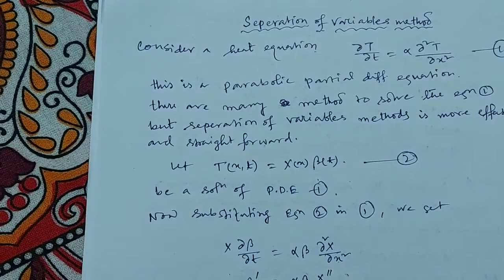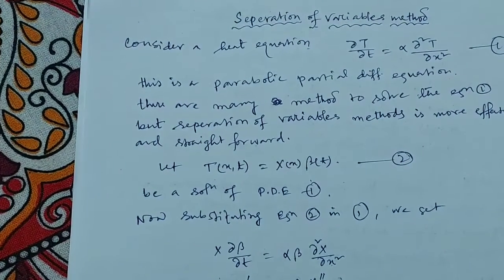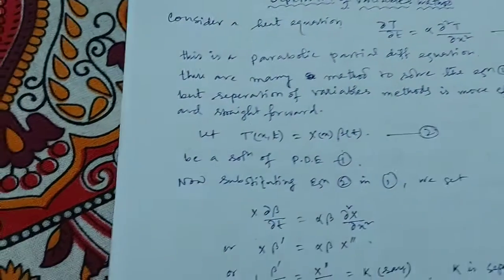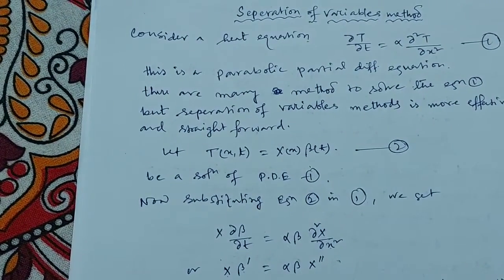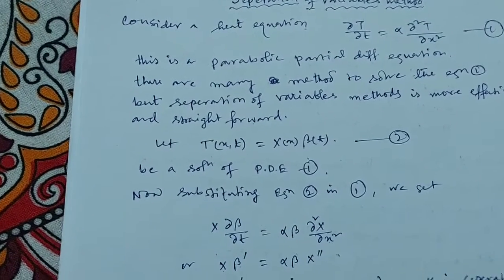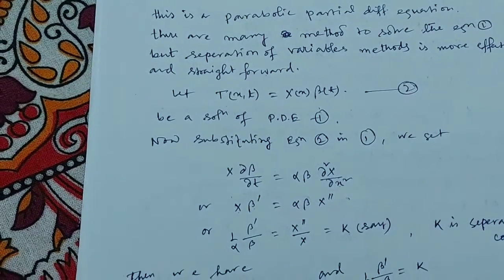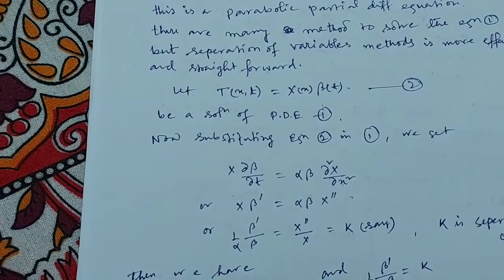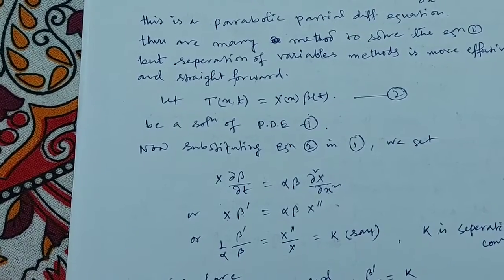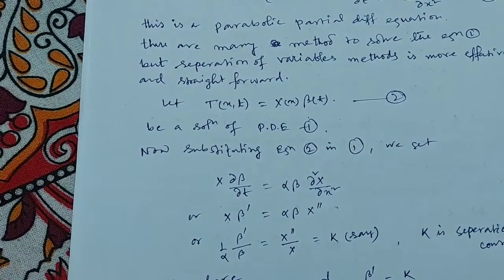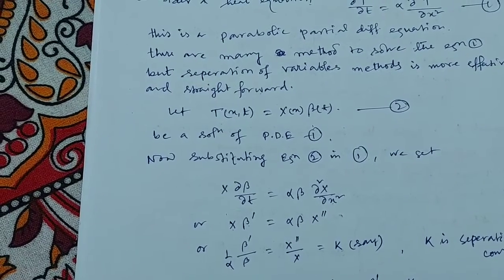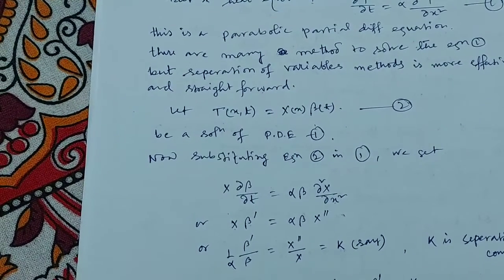Now substituting 2 in our given partial differential equation, we get X into del beta by del t is equal to alpha beta del 2X by del x2. In notation form it can be written as X beta dash is equal to alpha beta X double dash, where beta dash is the partial derivative with respect to t, and X double dash is the partial derivative with respect to small x.